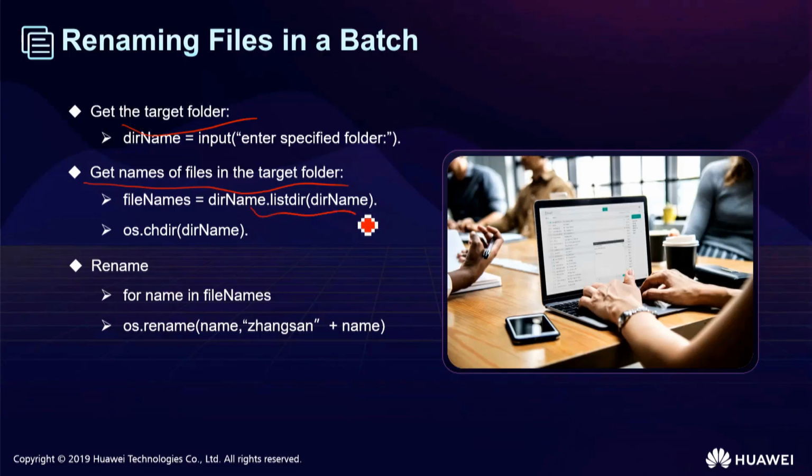We can use the listdir function to return the child directories, and then we rename the files like that using the rename function. We also use the OS module and the rename function. It's very easy to rename files in a batch.